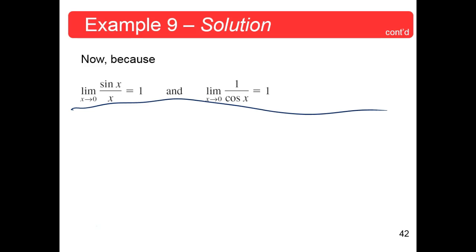Find the limit as x approaches 0 of sine of 4x over x. Whoa. All right. How would you proceed on this?